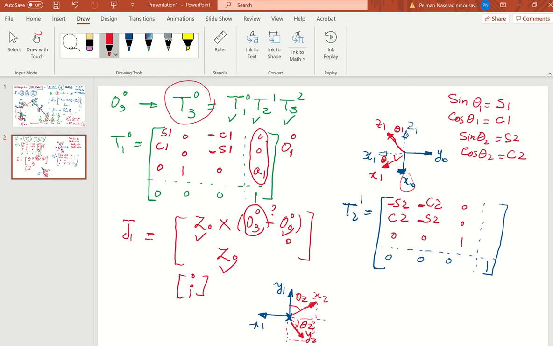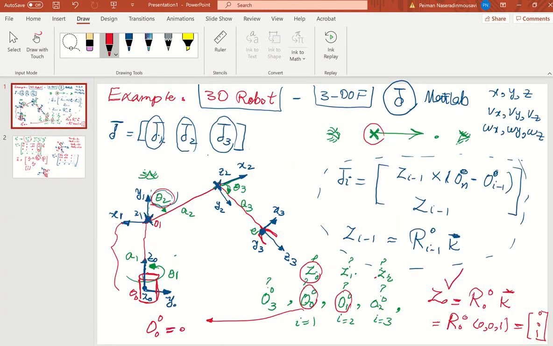Here we go. So what about the transformation between the origin of this frame and the origin of this frame, expressed in one frame? I'm going to change the color because I want to plot it here for you. You have to find it in this coordinate system.